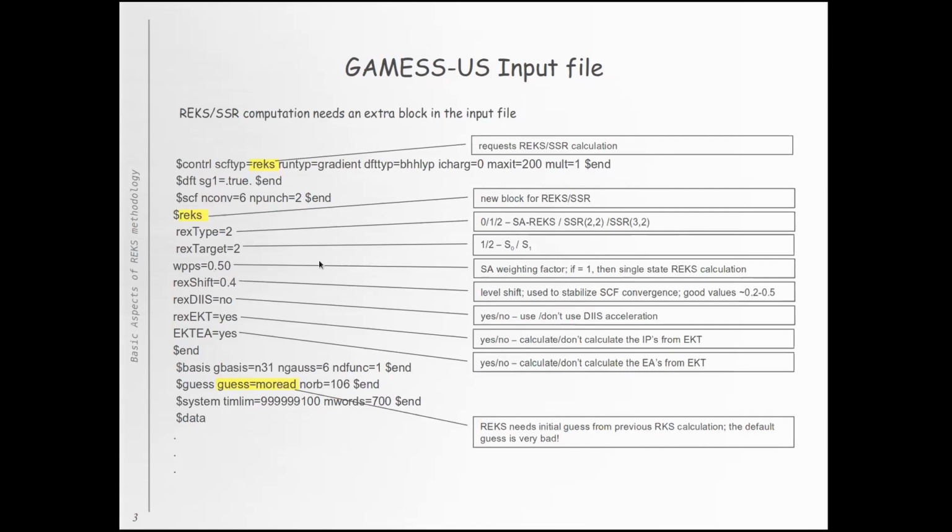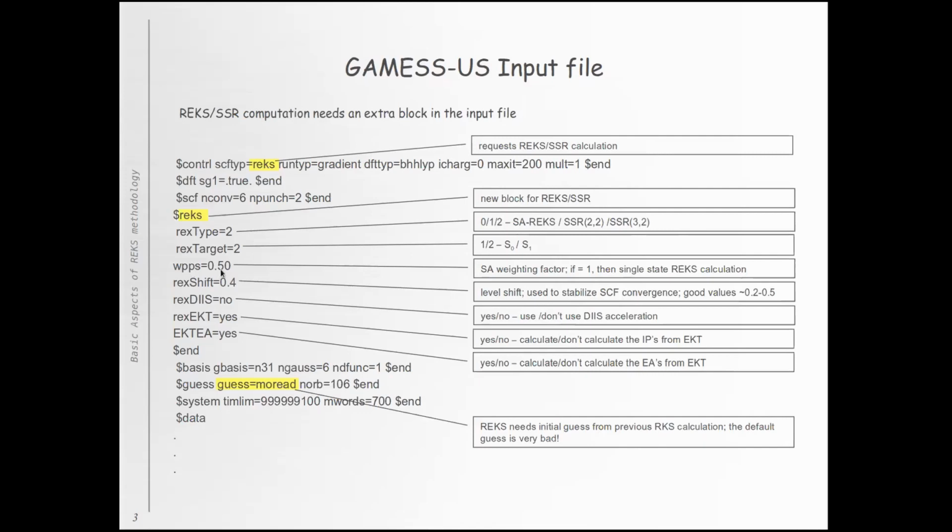But if you set this keyword to exactly 1, then the program will perform a single-state REKS calculation, not state-averaged, for the ground state, of course. So by default, you prefer state averaging. Yes, 1/2, 1/2, that's the default state average.